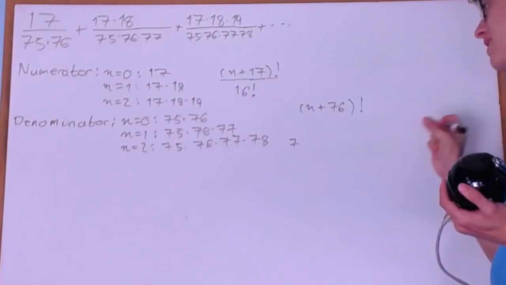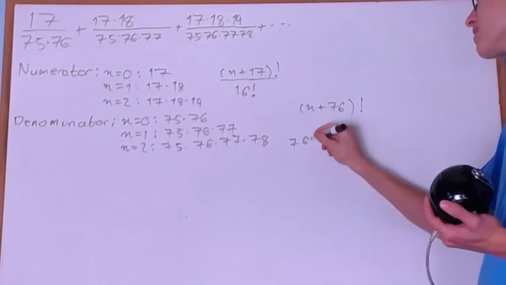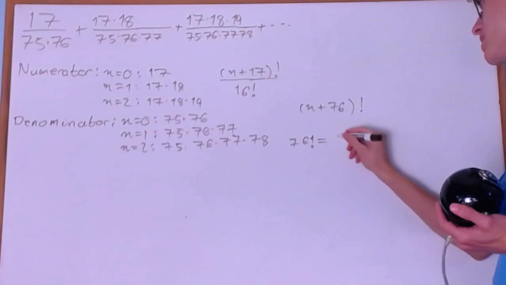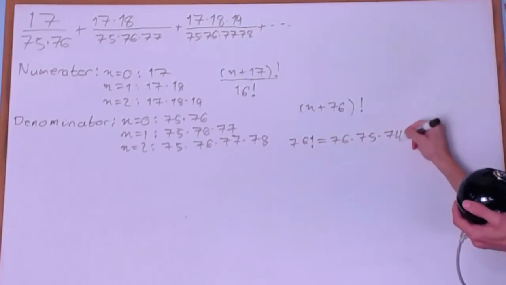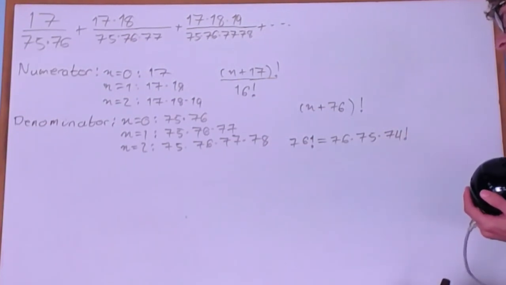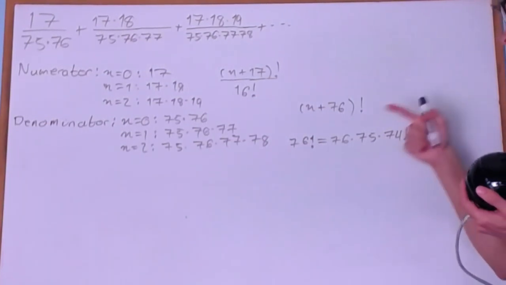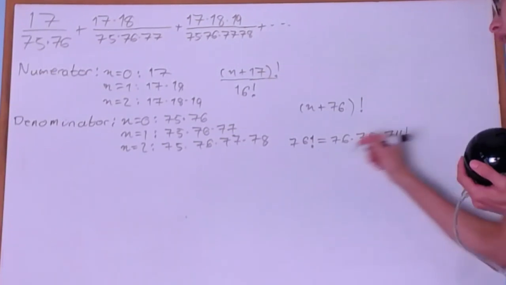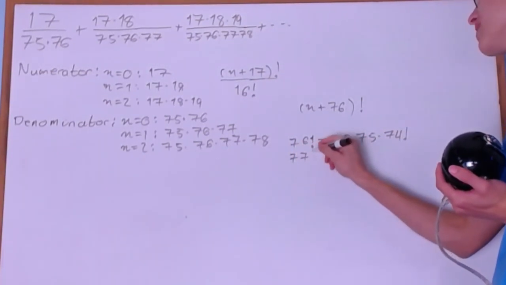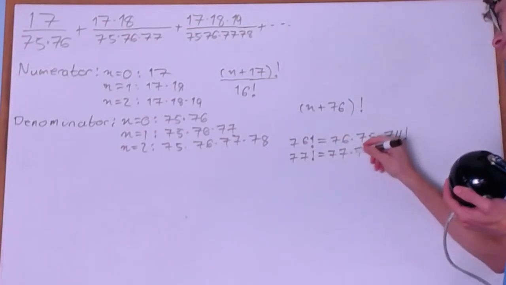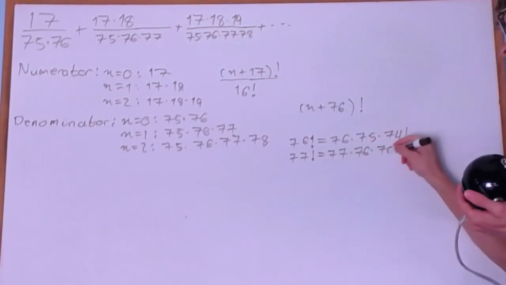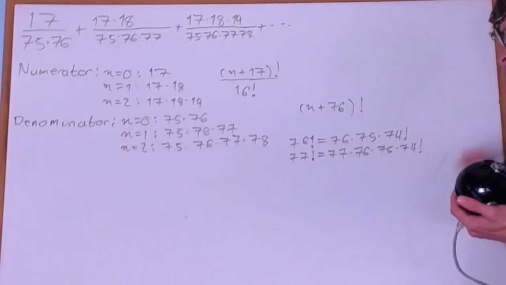When you plug in n equals 0, you would get 76 factorial, which is 76 times 75 times 74 factorial, right? And then if I plug in n equals 1, I would get 77 factorial, which is the same as 77 times 76 times 75 times 74 factorial.